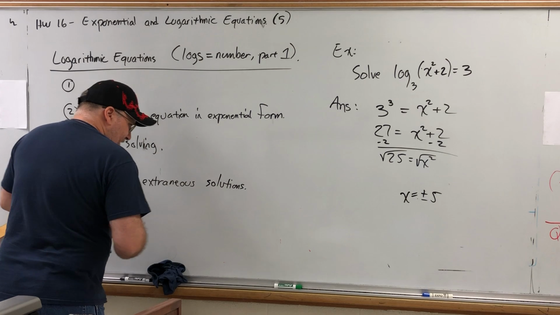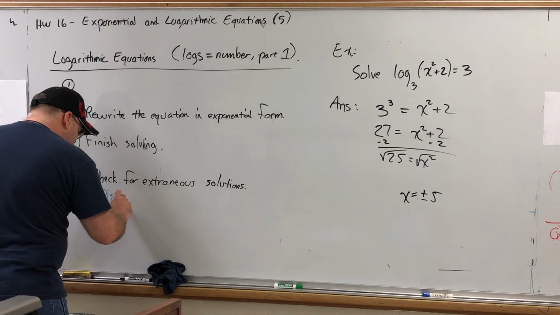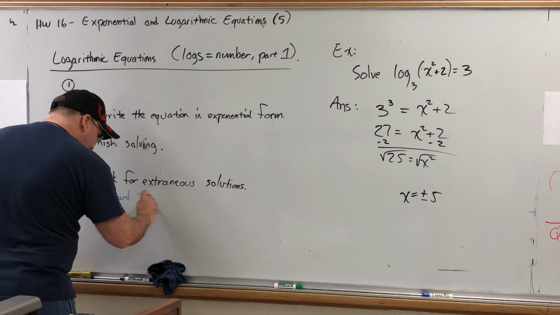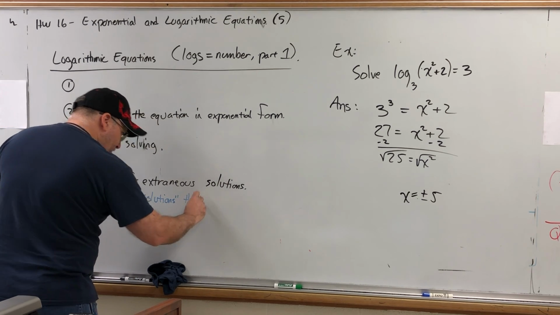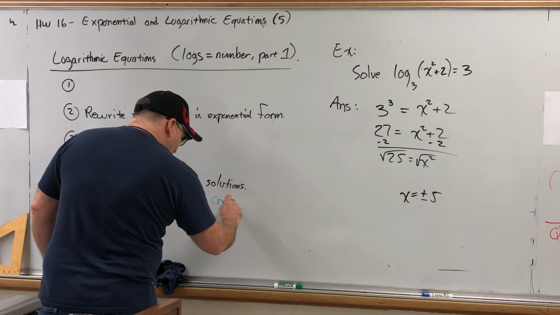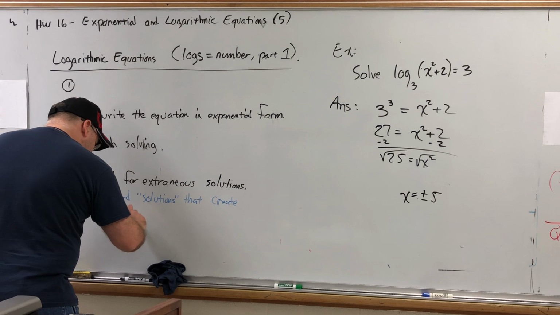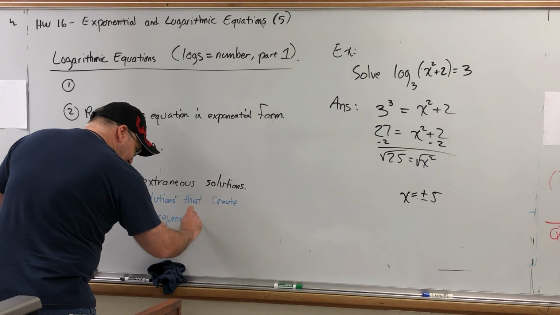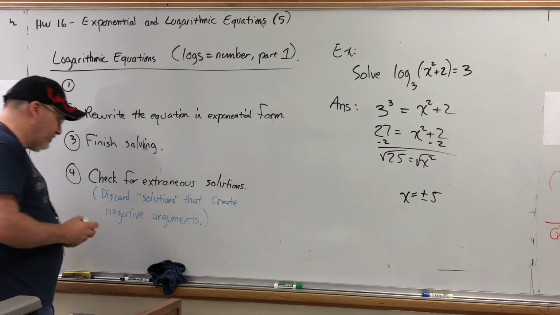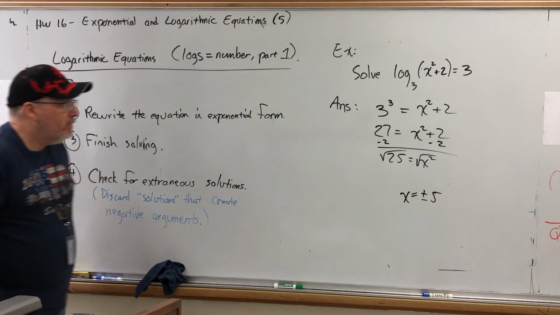So another way of saying this is we need to discard "solutions" that create negative arguments. Discard solutions that create negative arguments. You know, outside of the context of math, that can mean something completely different, but we'll leave it be.